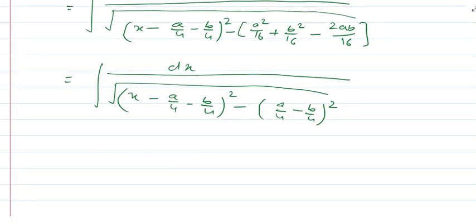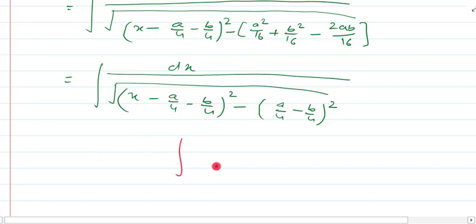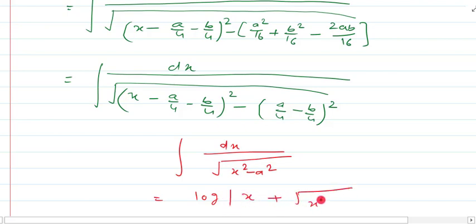Let me write this for you again. It is dx upon square root of x square minus a square, which you know very well is equal to log of x plus square root of x square minus a square, plus c.